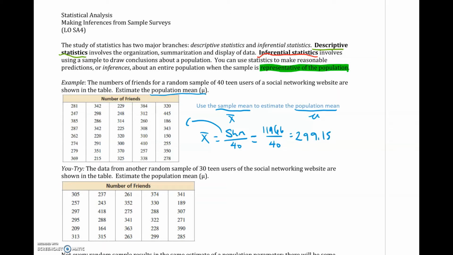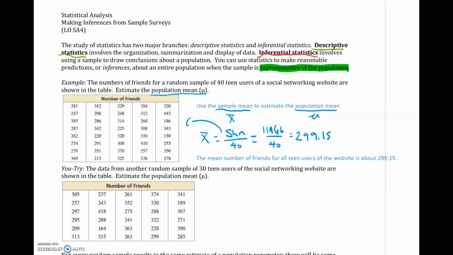So that's our sample mean. Then since we're going to use that to estimate the population mean, we say the mean number of friends for all teen users of the website is approximately 299.15. Again, that's because we did a random sample and we are confident that sample is representative of the population of those users. So that's why we can just use the sample mean to estimate the population mean.